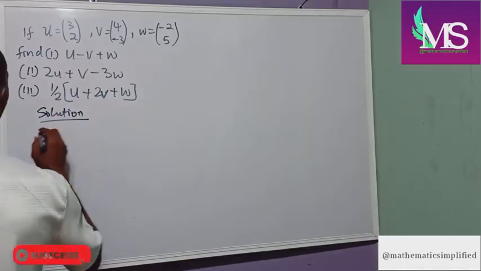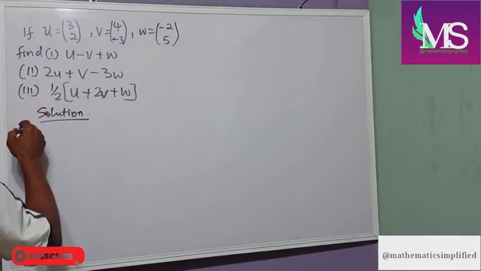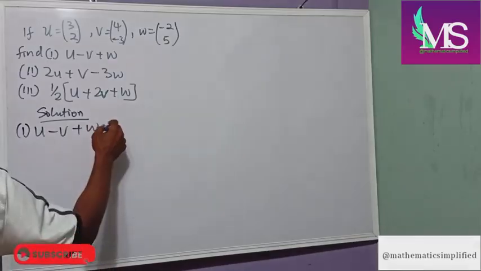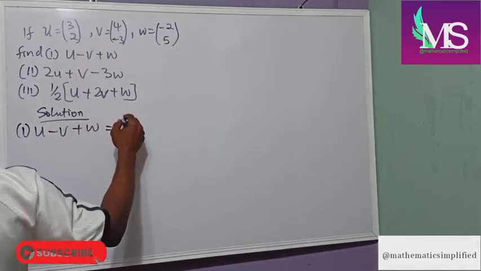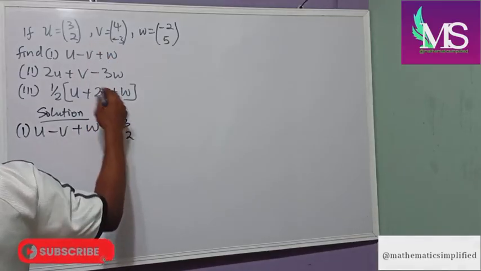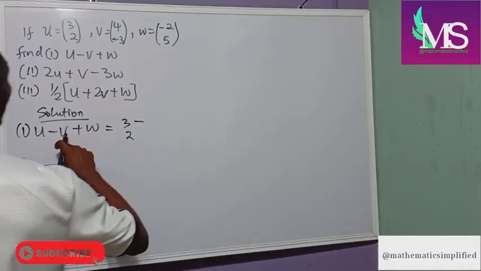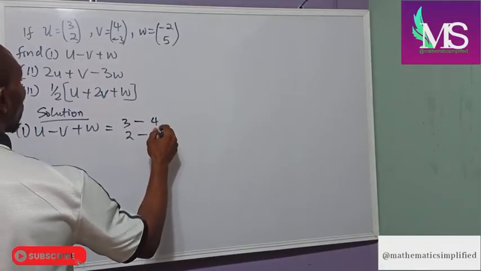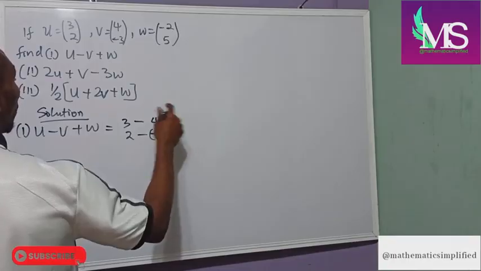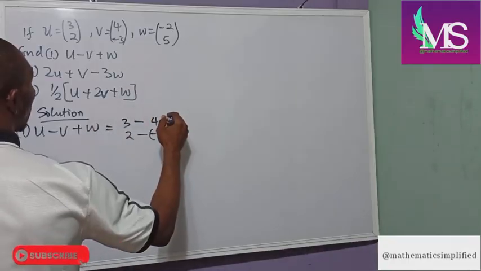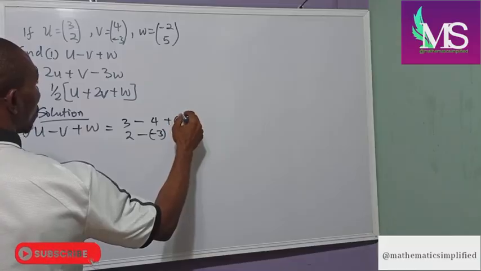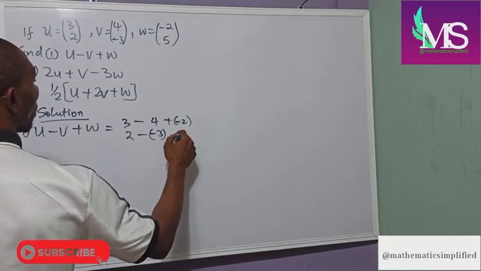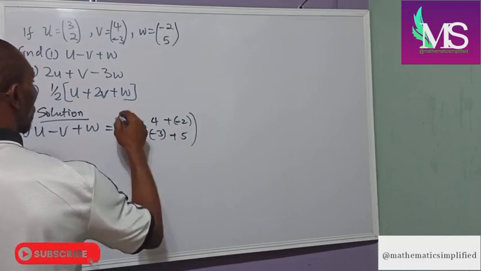Alright, we have it as part 1. U minus v plus w will become, our u is (3, 2) minus v, which is (4, -3), plus w, which is (-2, 5).